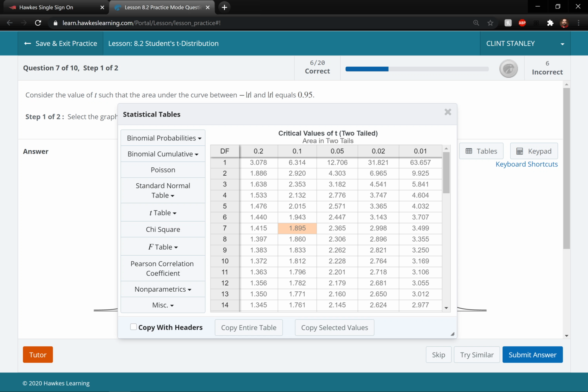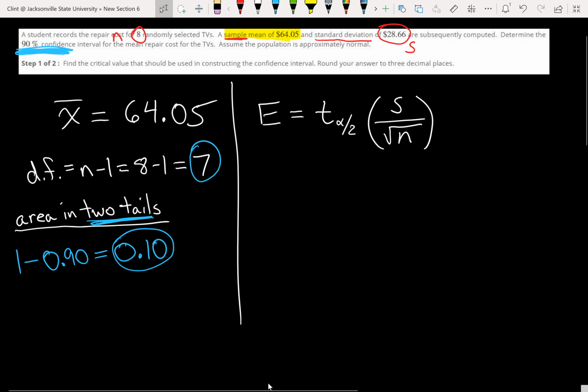So our critical t value is 1.895. With these confidence intervals, you're never going to have a negative critical t. So it's always going to be positive on these problems. That's one less thing to think about. So our critical t value for our margin of error is 1.895. That came from our degrees of freedom, and we did 1 minus the confidence level we want.